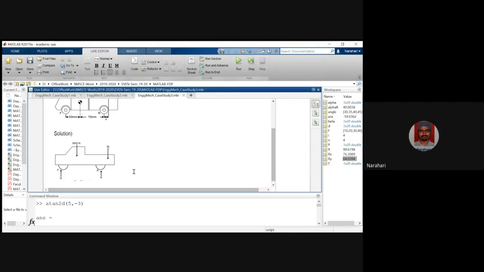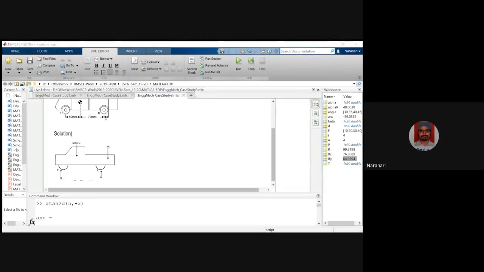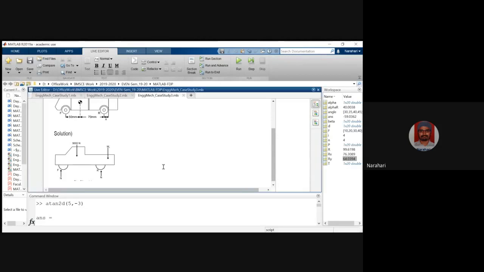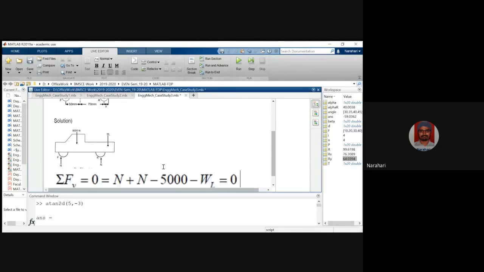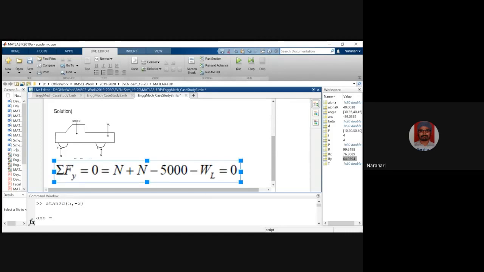Okay, so you have two normal reactions at both the wheels. The weight at the centroid of the truck is 500 Newton and the weight at the load centroid is WL. Now if you write the equilibrium equation, summation of force, very simple, 500.